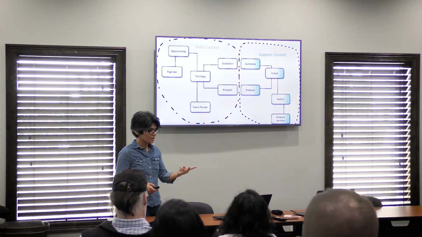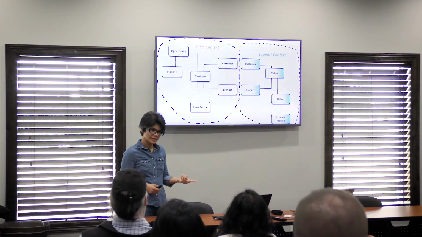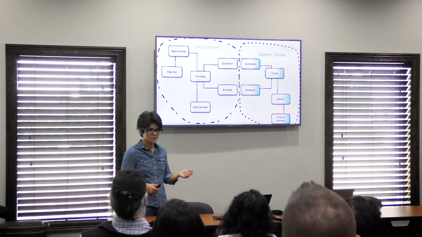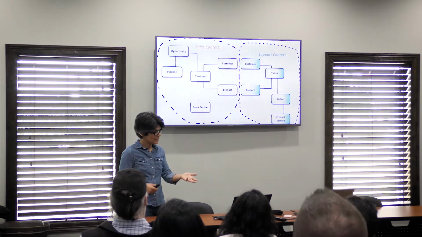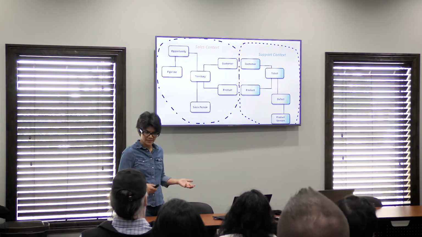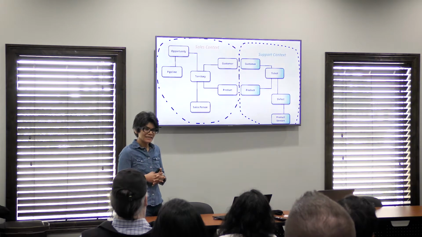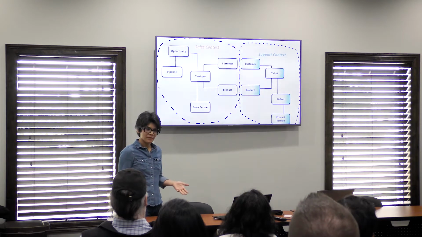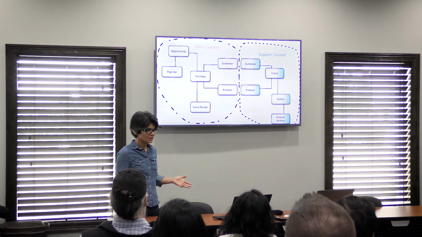If you see that there are these two different contexts here, there is sales and then there is support, and you can see that customer and product are present in both of these contexts. Does that mean they imply the same thing? They may be similar things, but they are not exactly the same thing.